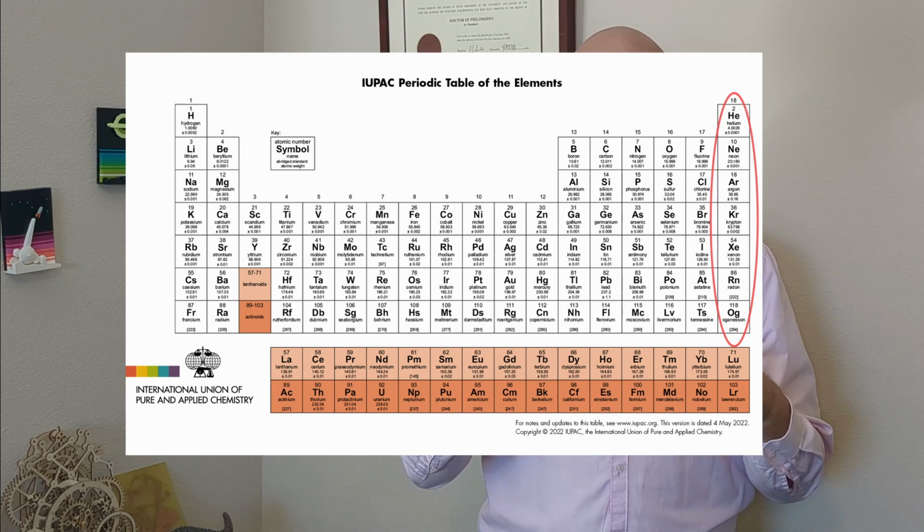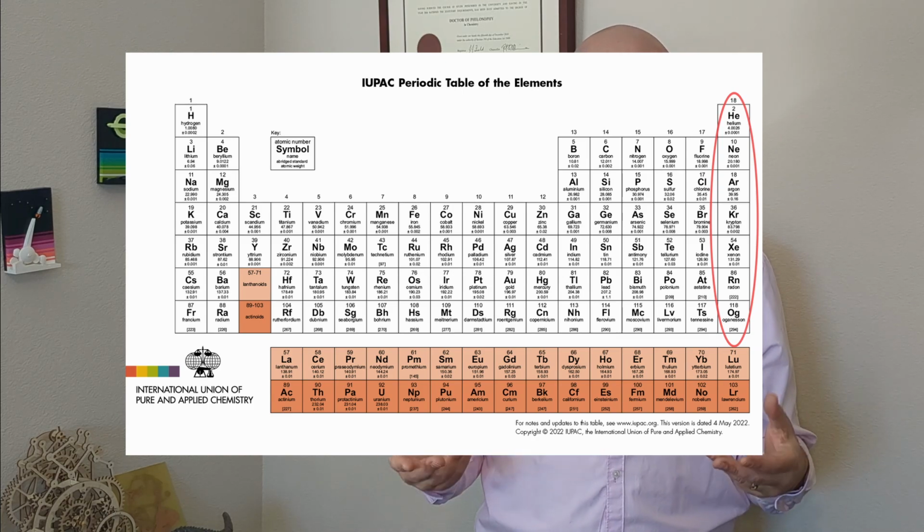At this point, it's natural to start to wonder about how many bonds an atom would want to form. And experimentally, we can see that when atoms form molecules, they try to achieve the same number of valence electrons as a noble gas. So we often call this the octet rule.